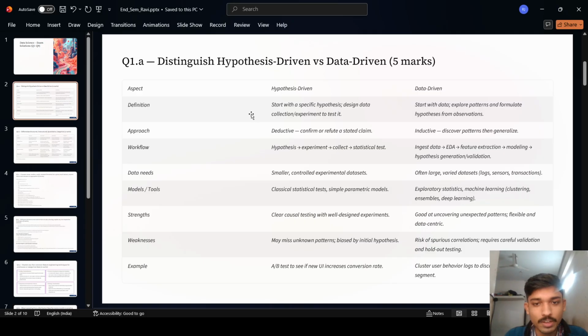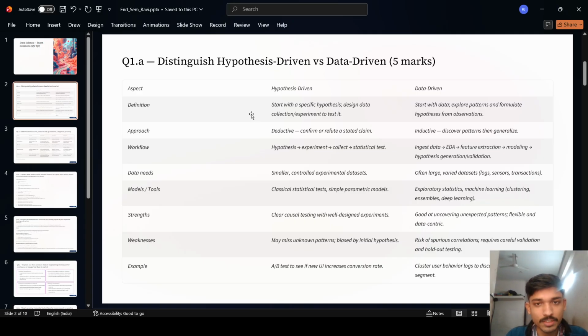Hypothesis driven programs need smaller controlled experimental data sets, and data driven often need large varied data sets, for example logs, sensors, transactions. Hypothesis driven needs models like classical statistical tests, simple parametric models, and data driven needs exploratory statistics, machine learning models like clustering, ensembles, deep learning.